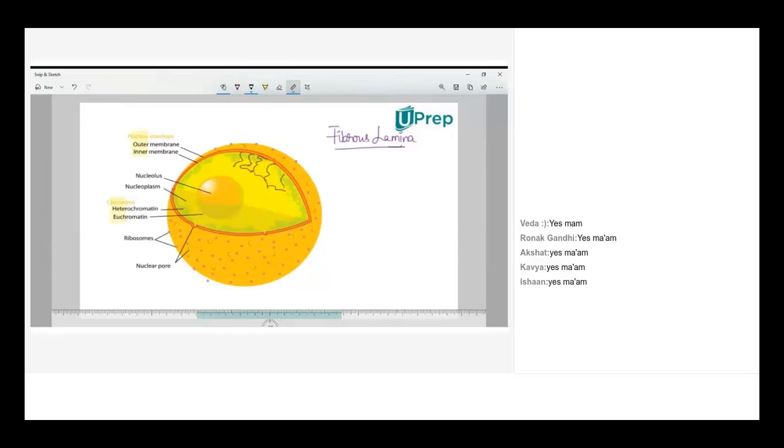So these lamellar structures are nothing but the network, a network of fibers. So this network of fibers is called fibrous lamina. What is the role of this network of fibers? So if we go for the fibrous lamina function, we have to discuss a few points related to cell division.